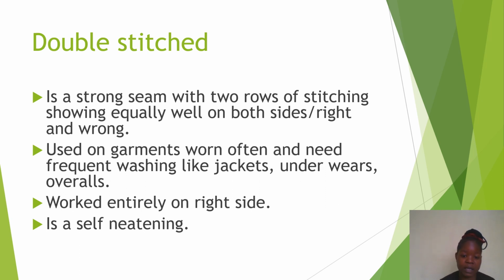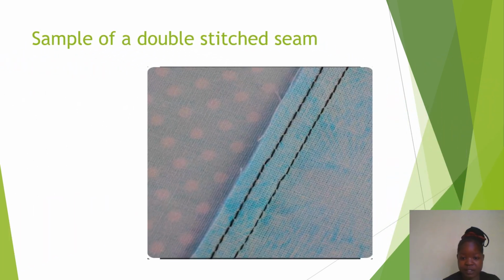And worked entirely on the right side, it is a self-finishing seam. If you are not keen, you may think that double stitch seam is a machine fell seam. Now this is a picture of how a double stitch seam looks.